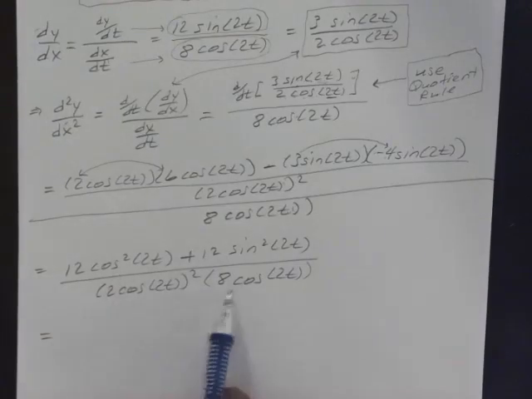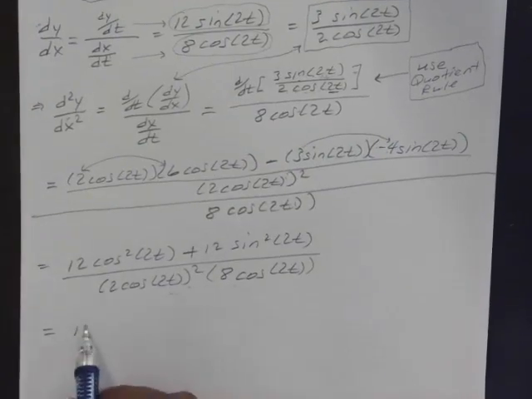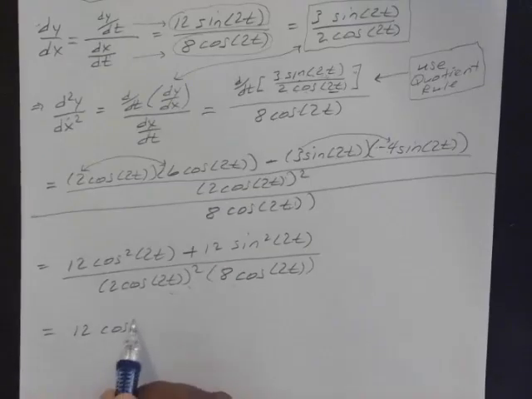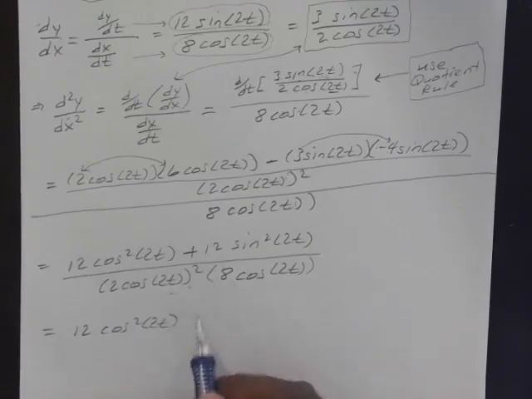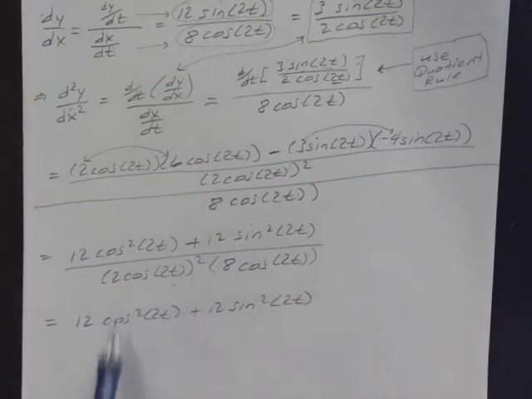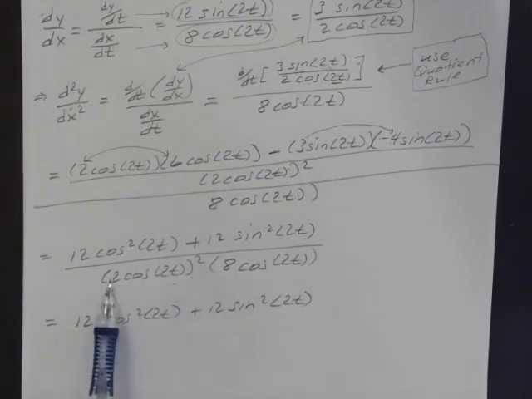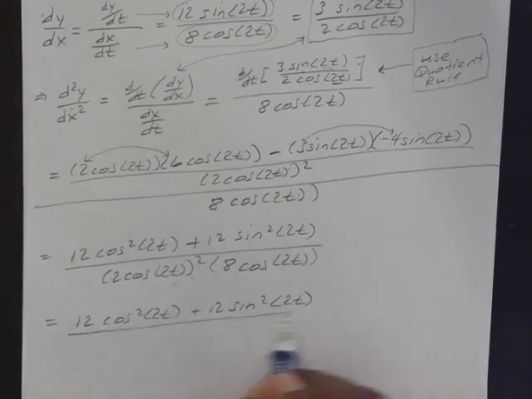Okay, well, if we simplified our numerator a little bit more, we'd have 12 times cosine squared of 2t plus 12 times sine squared of 2t. And that 2 times cosine of 2t squared, well, that'll give us 2 squared.